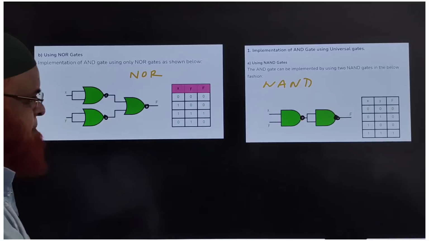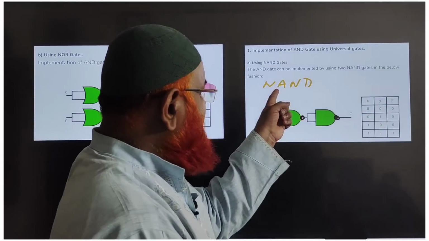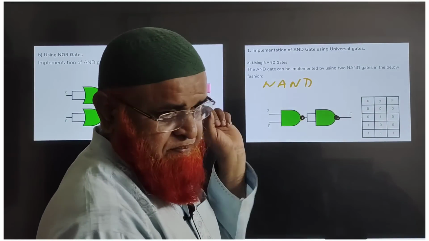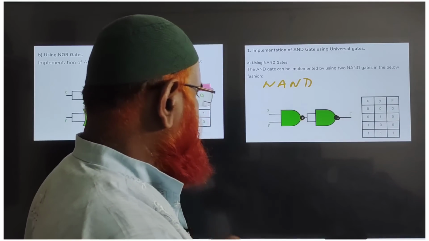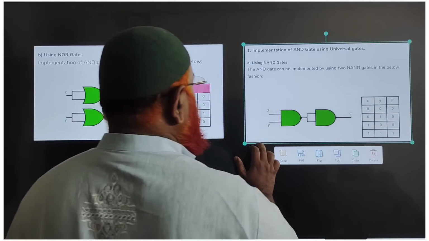Now you just see, here NAND as AND. See whether the truth table is correct or not.